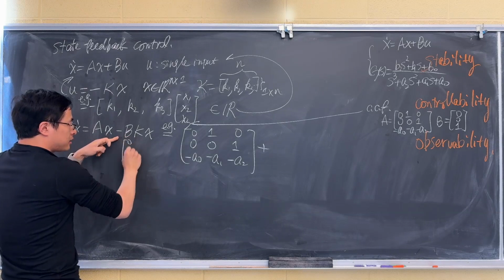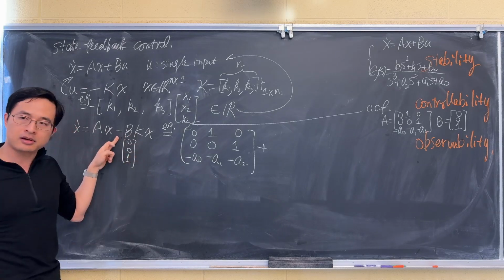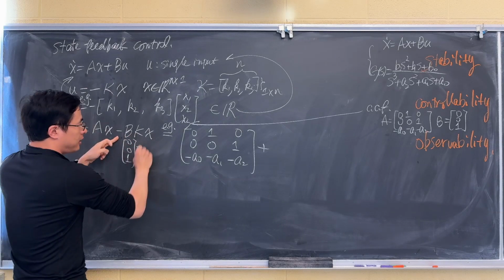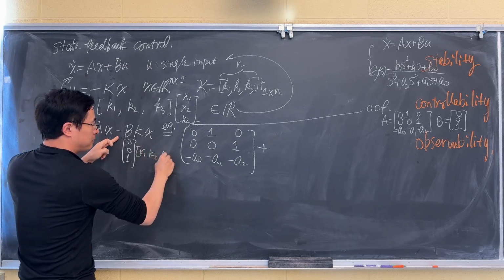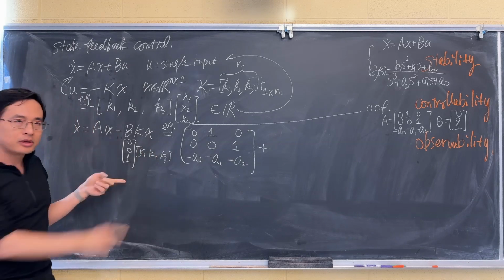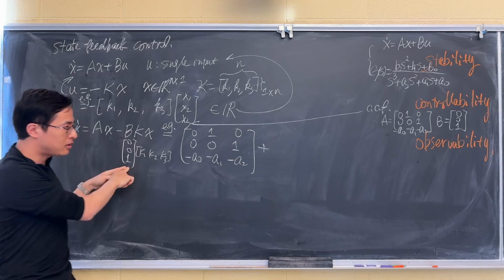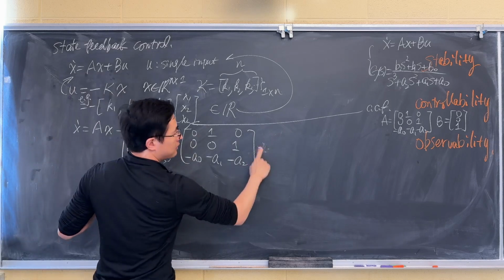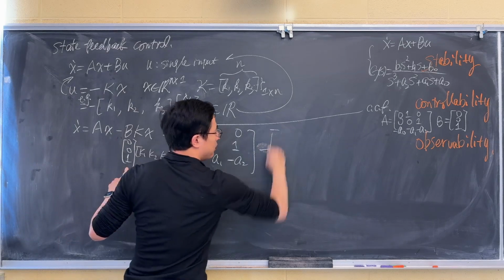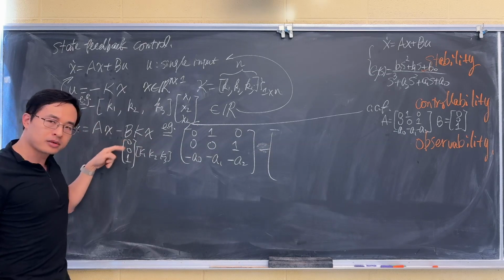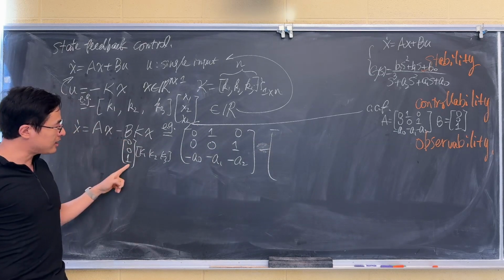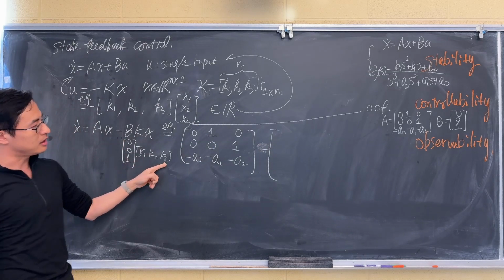B is 0, 0, 1, my controllable canonical form. K is K1, K2, K3. When you do this product, you get negative of a matrix whose first 2 rows are completely 0 and whose last row is K1, K2, K3.